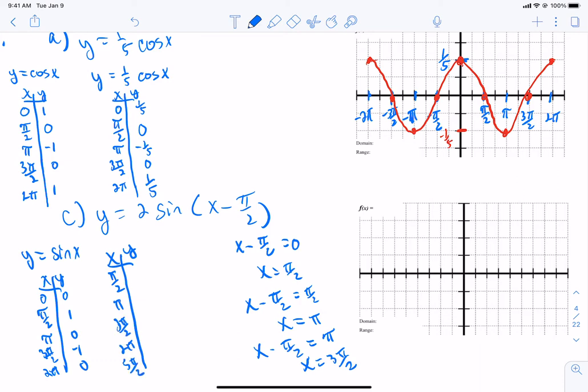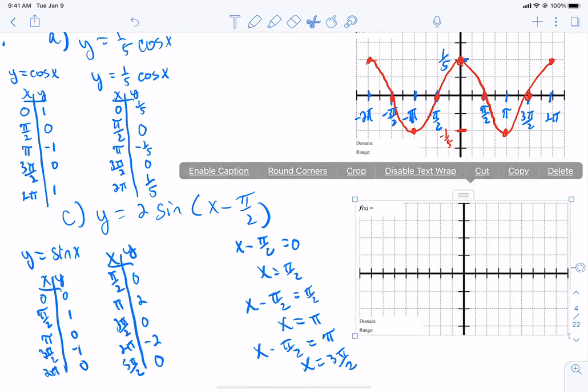So we're still counting by pi over 2's. Now remember, this is on the outside of our function, so it's going to take our original y and multiply by 2. So just take your original y's and multiply them by 2. So that's going to be 0, 2, 0, negative 2, 0. Now I'm still going to count by pi over 2's because it's going to fit, and I might have to extend my graph paper slightly to the right.